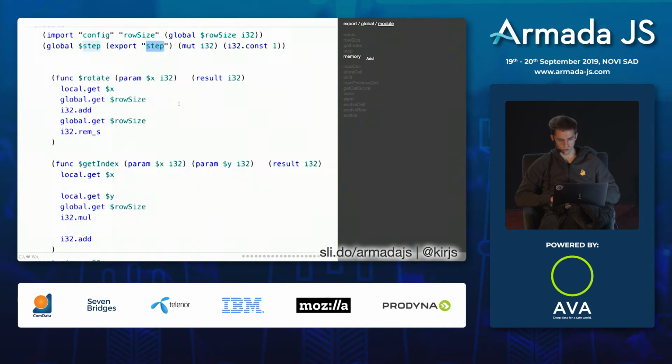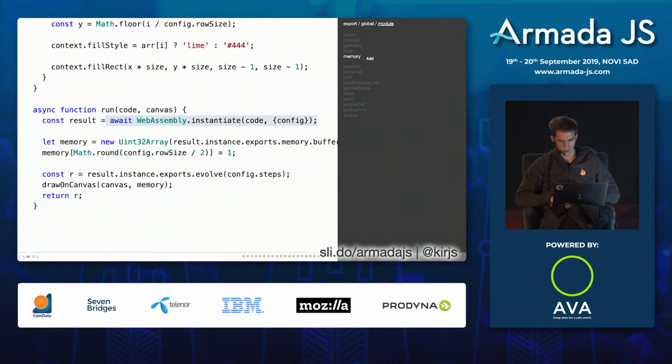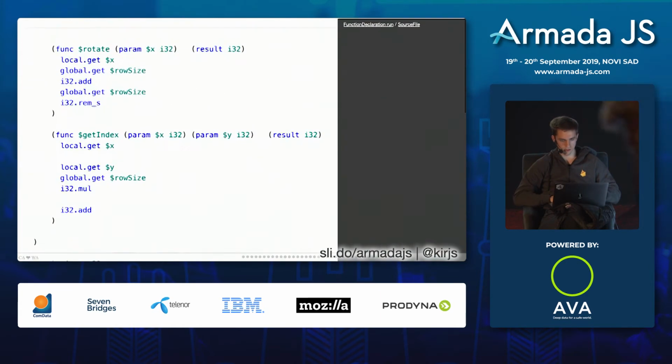So if I scroll to JavaScript, once we instantiate WebAssembly, we get a result, which has an instance property, which has an exports property, which will have all the stuff which WebAssembly exports. So we can go with result export step, and then we get the value of it. So this is how JavaScript would operate with WebAssembly.